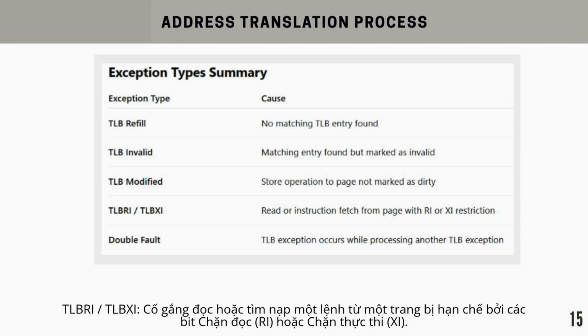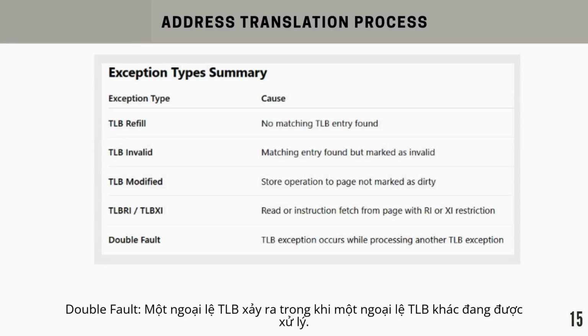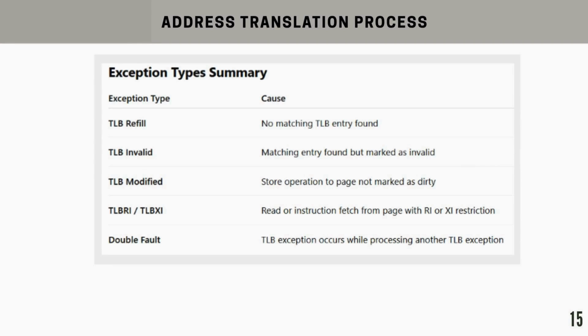TLB RI or TLB XI. An attempt was made to read or fetch an instruction from a page that was restricted by the read inhibit RI or execute inhibit XI bits, respectively. Double fault. A TLB exception occurred while another TLB exception was already being handled.